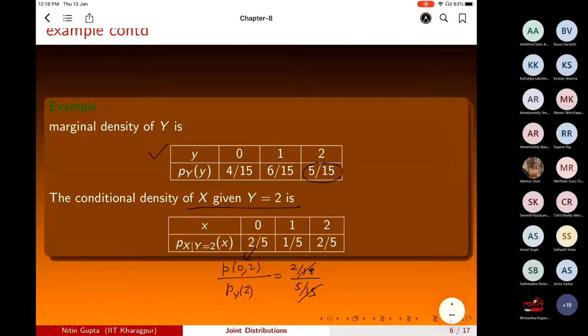So this is 2 by 5. In the same fashion, you will get 1 by 5 and 2 by 5 corresponding to the other values of X. Now you can find the mean and variance of X and Y, and the conditional mean also.